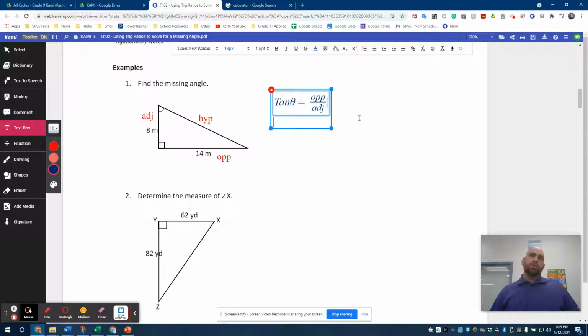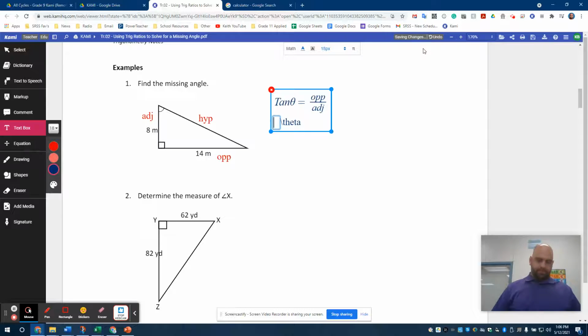All right, so now that we have that, we're going to plug in the values that we have to find theta. And because we're trying to find theta, it's going to be tan inverse of opposite, which is 14 meters, over adjacent, which is 8 meters.